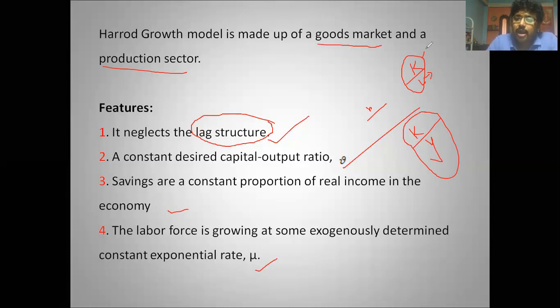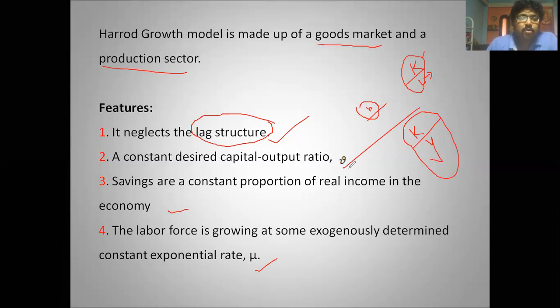So only at that time the output will increase at a constant rate, and so the real rate of interest is constant. So a constant desired capital output ratio assumption is assumed here just because the real output is growing at a constant rate.